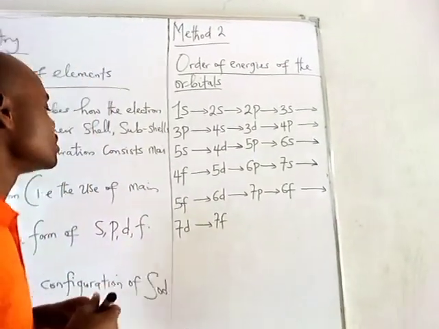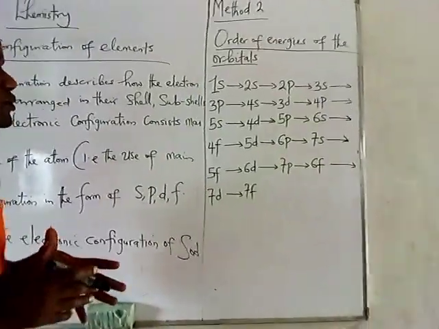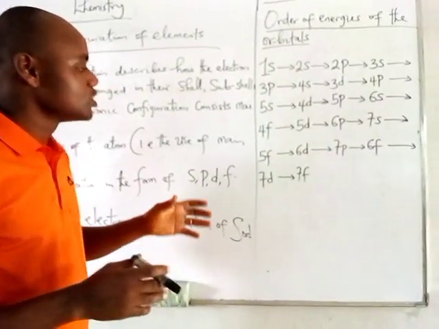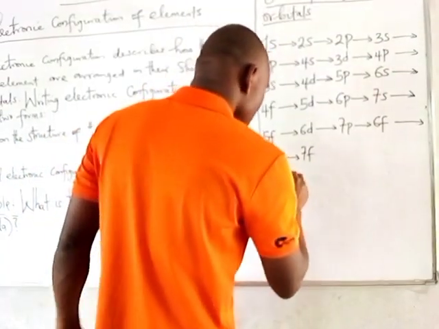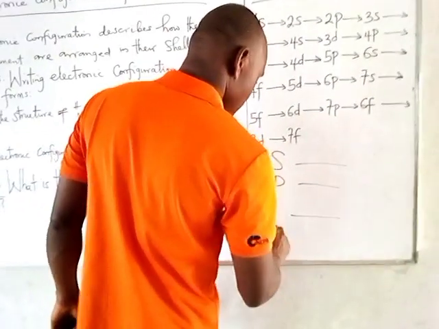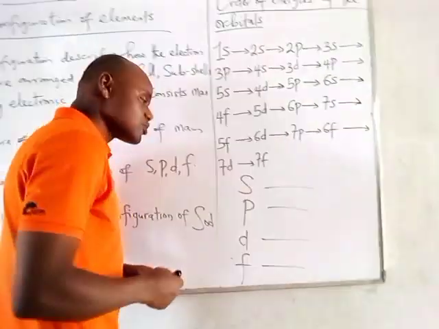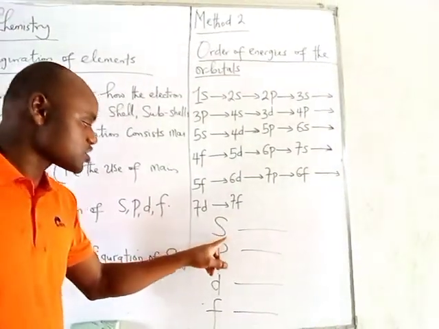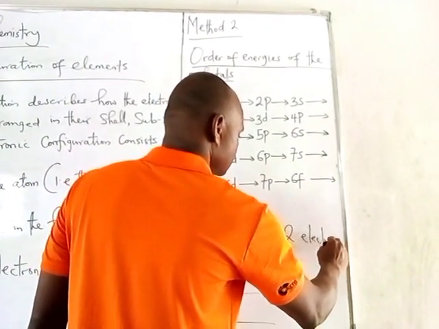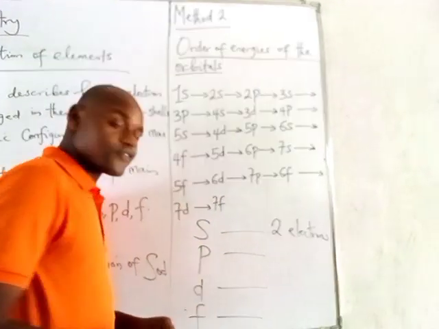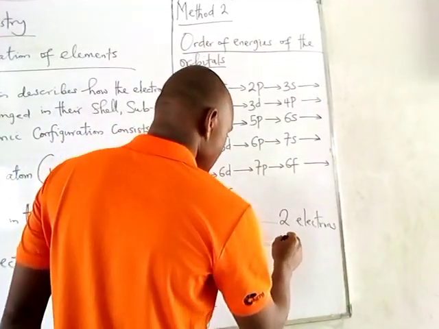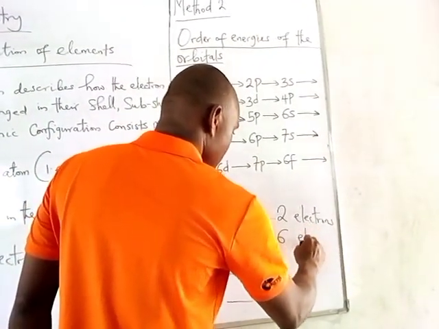Apart from that, just like the shell method, the first method that we explained, we equally need to know the maximum number of electrons that can enter each of these orbitals, the S, P, D, F. The maximum number of electrons that can enter the S orbital is 2 electrons. For the principal, which is the P orbital, the maximum is 6 electrons.